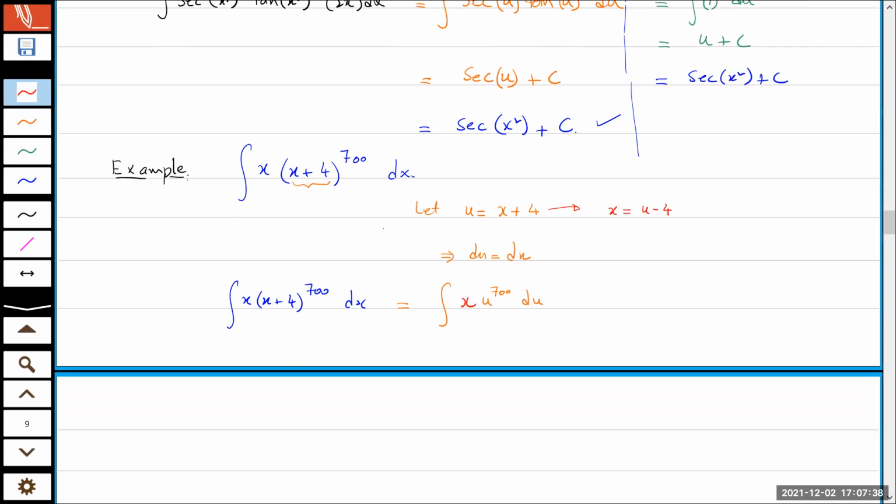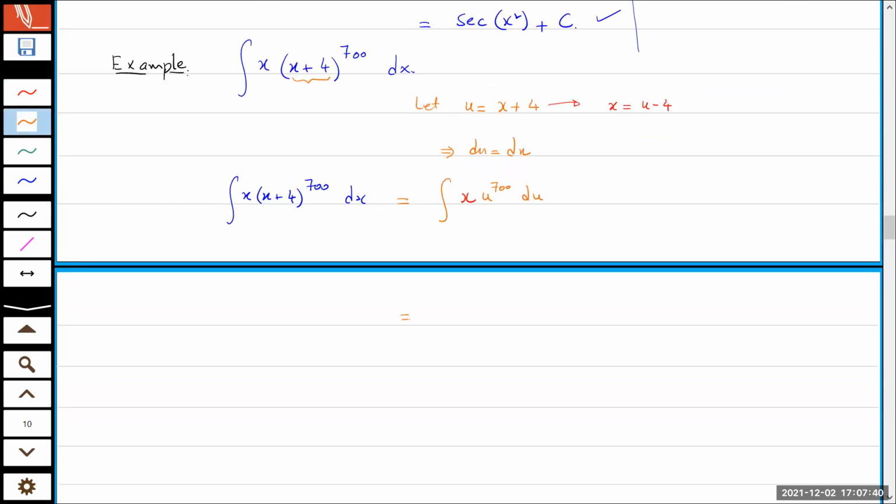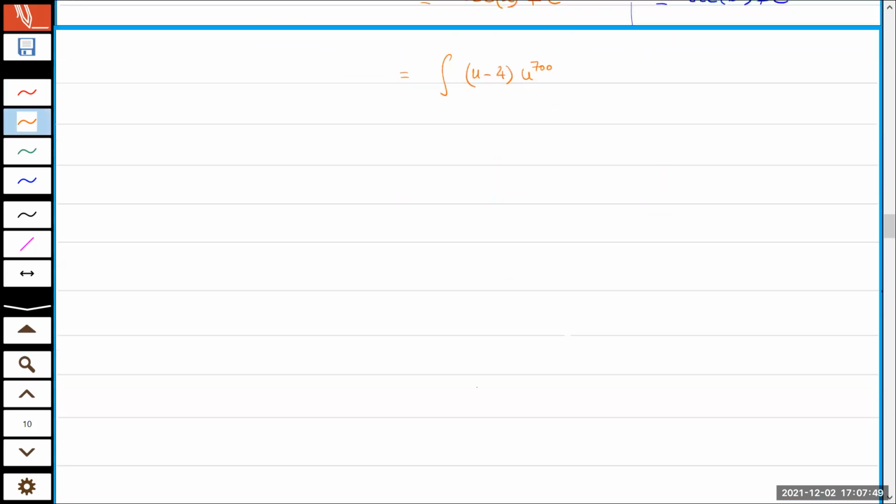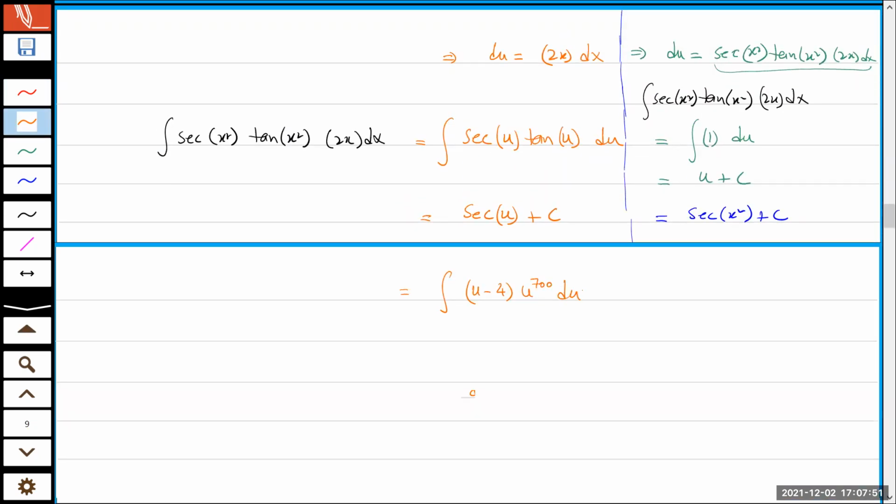With this, now this integral becomes u minus 4 times u to the 700 du. Okay.